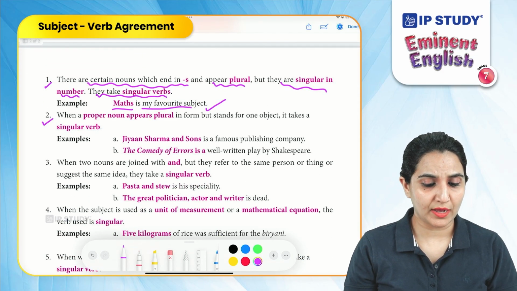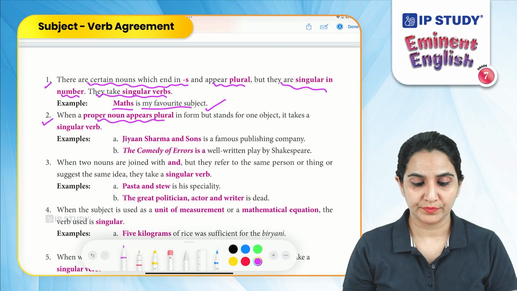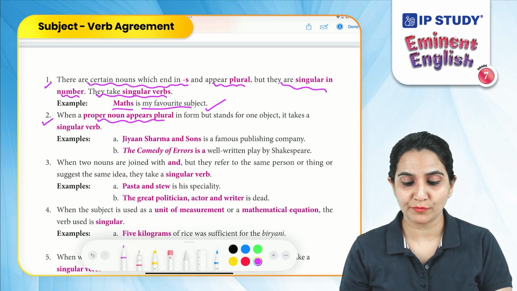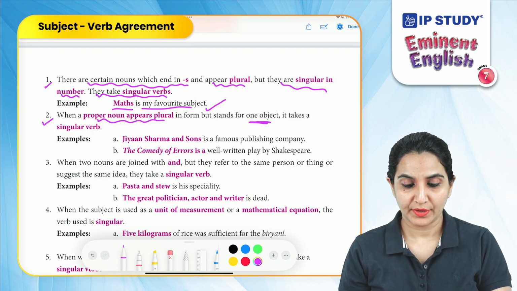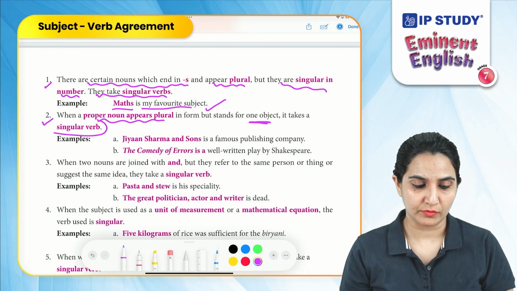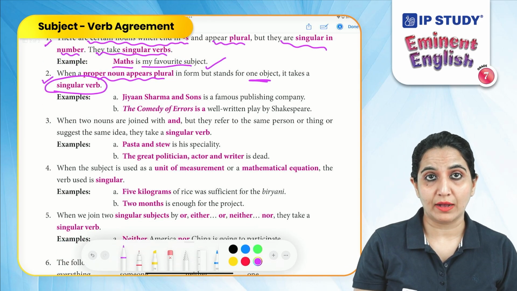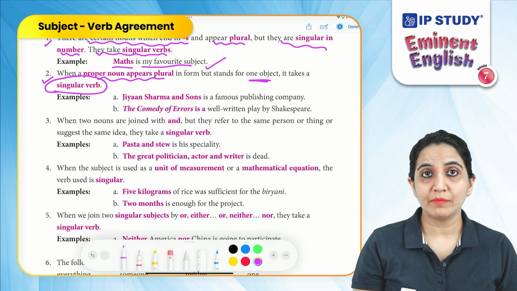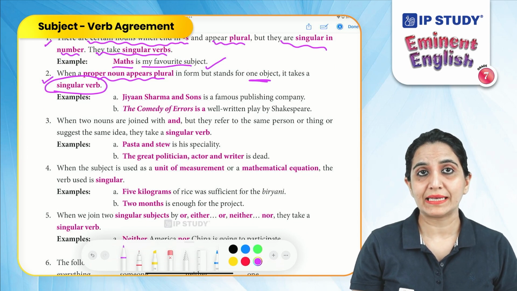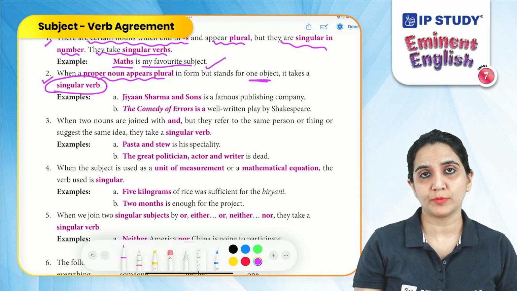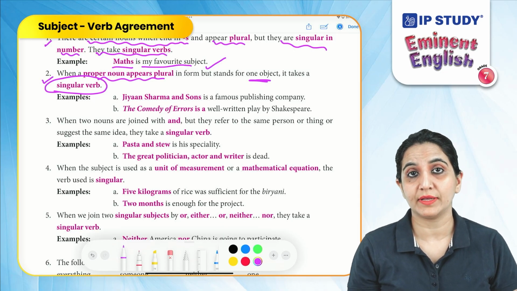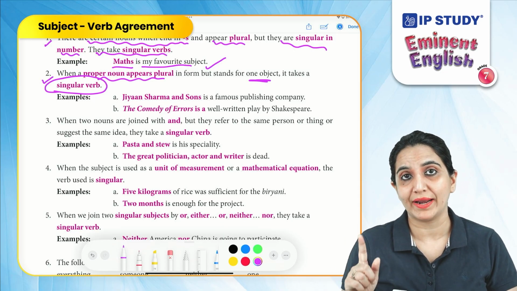When a proper noun appears plural in form but stands for one object, it takes a singular verb. Now, we're talking about a proper noun, that means a name given to a particular person, place, animal or thing. We're talking about a proper noun which appears plural, but is singular. It stands for one object.